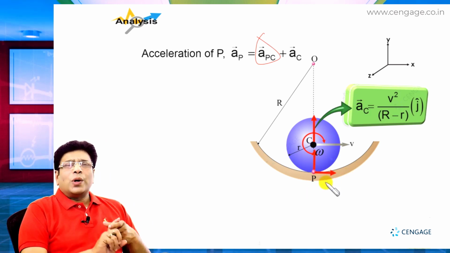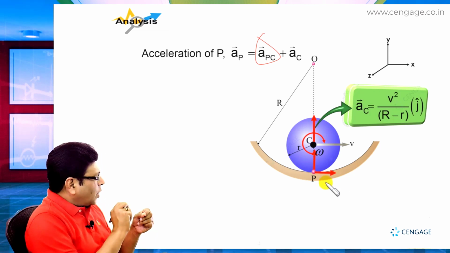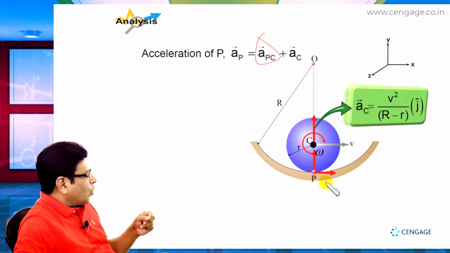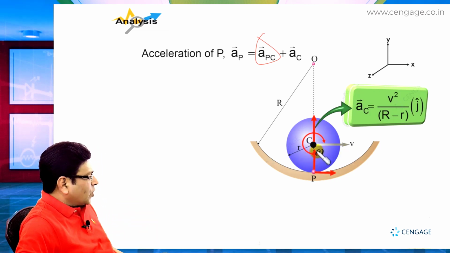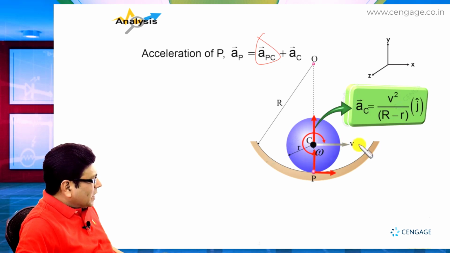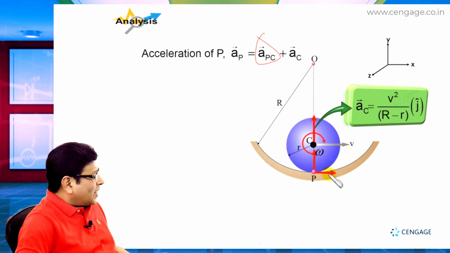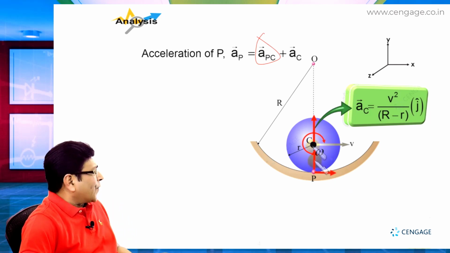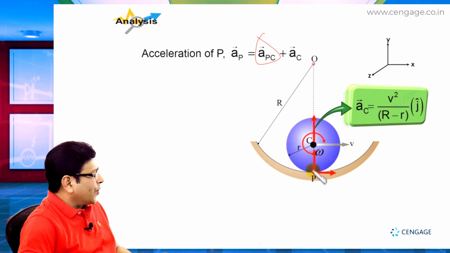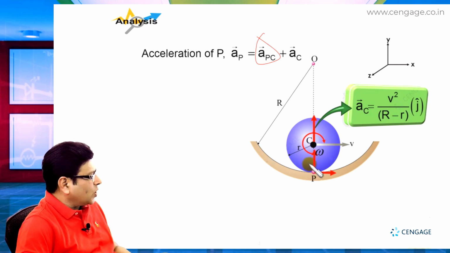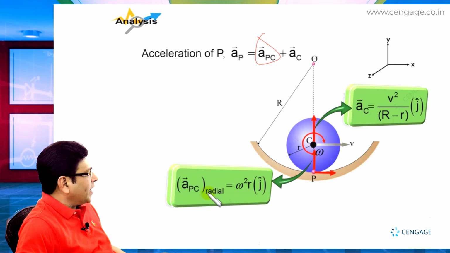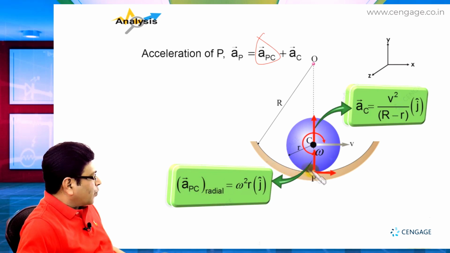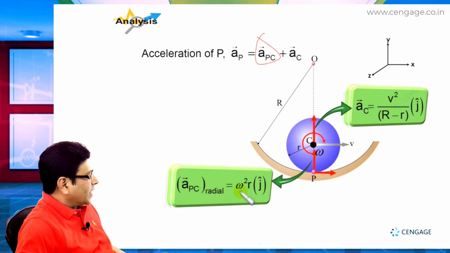We know our cylinder is rotating with a constant angular velocity and moving with a constant linear velocity. That means the tangential acceleration of the cylinder should be 0 and radial acceleration should be equal to omega square multiplied by the radius of rotation, that is small r. So the radial acceleration of this point P with respect to C is omega square r j cap.